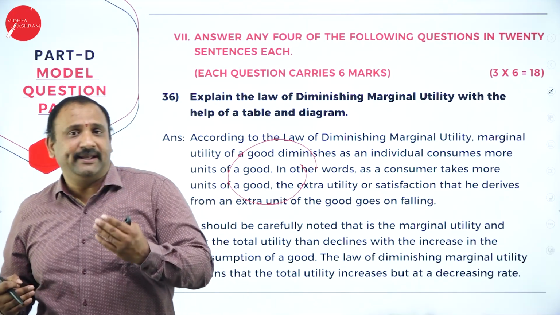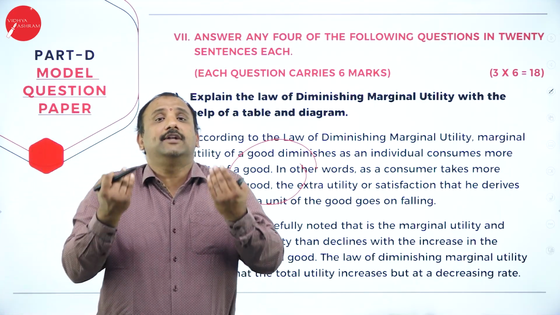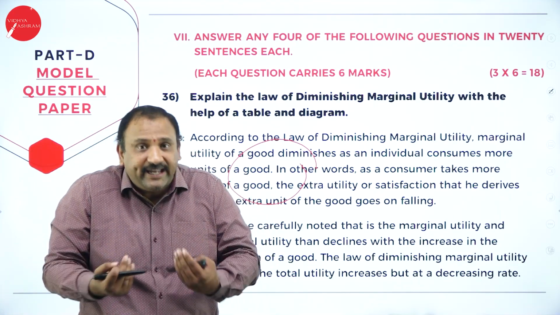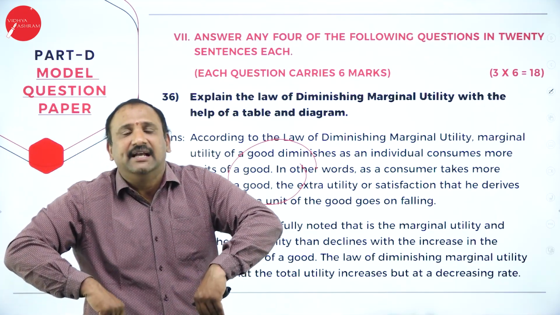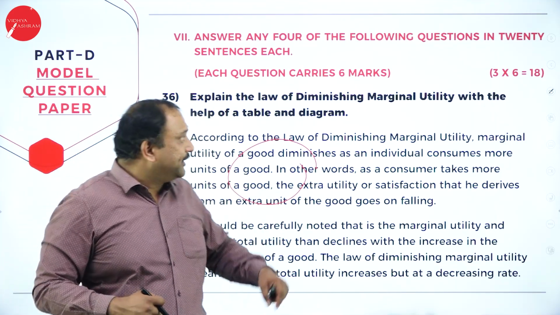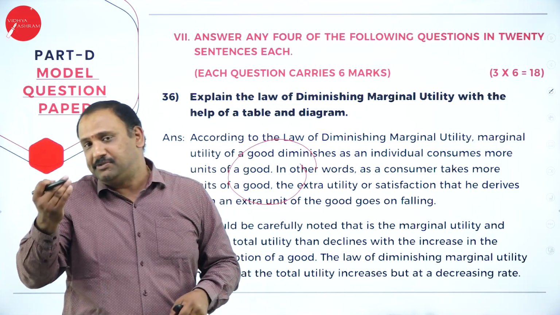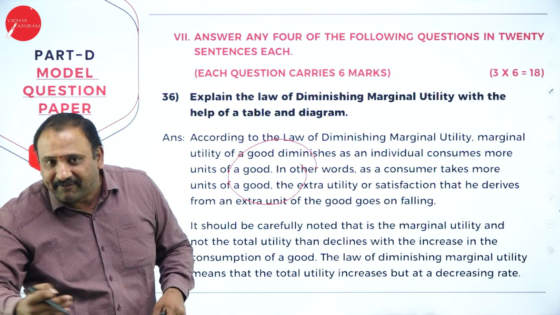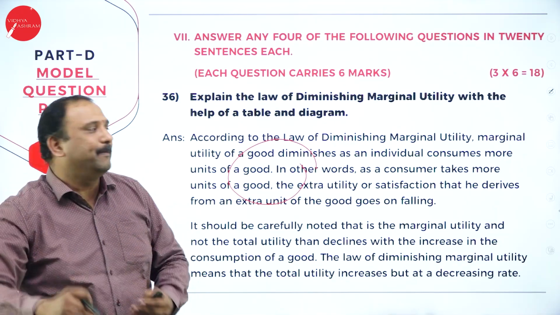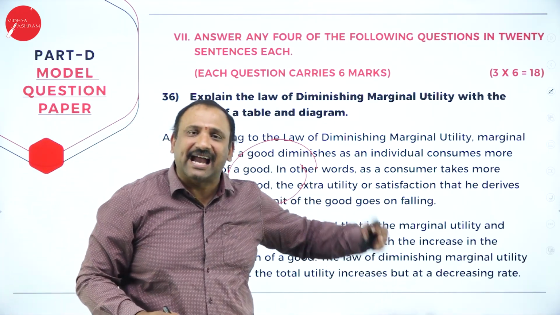Now what is happening is that the utility, the want-satisfying capacity inside me, is decreasing. So when I talk about diminishing marginal utility, it means that the utility value is diminishing, it's coming down, it is taking a dive completely.